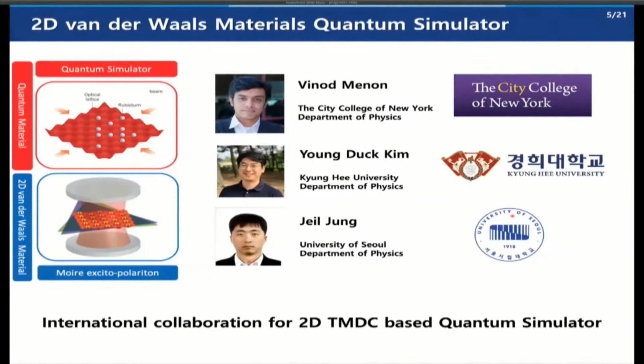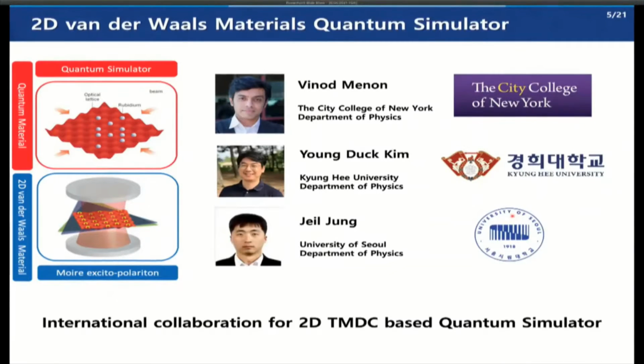Professor Bino Menon is working on the Exciton Polariton, I am working on the heterostructure van der Waals device, and Jae Jung is working on the 2D superlattice band calculation. So we are developing this for the quantum simulator.